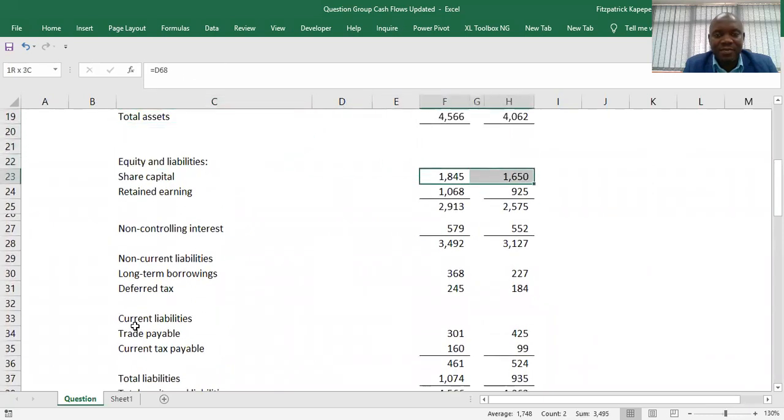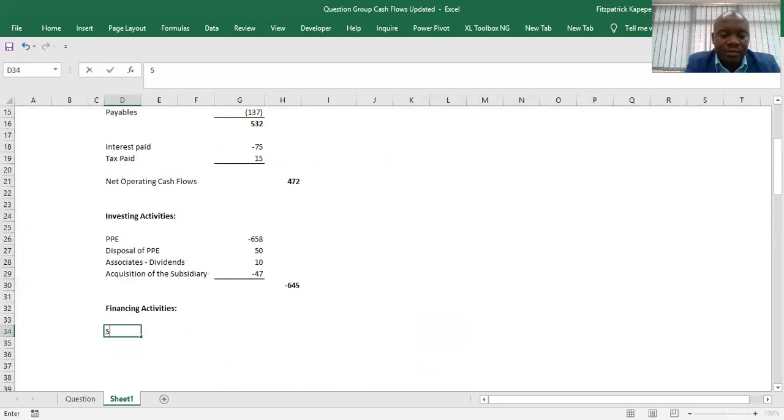Maybe minus the tax because we took care of it. So on share capital, any movements that increase equity, transactions just under equity going down, regard them as cash inflows.